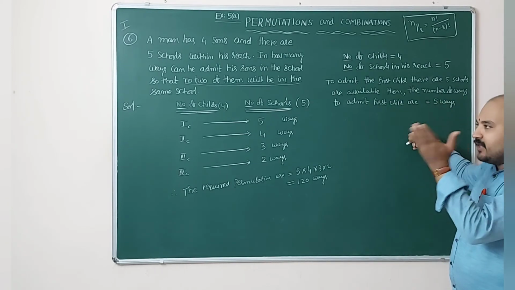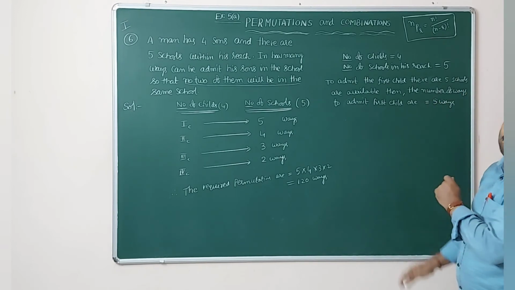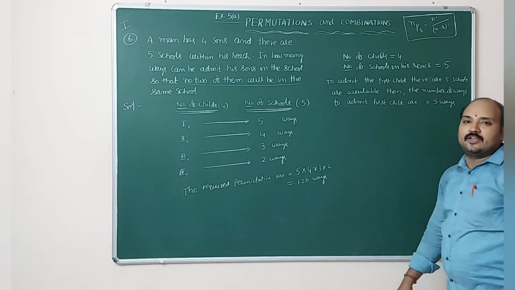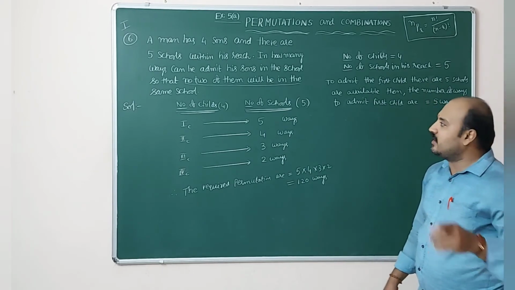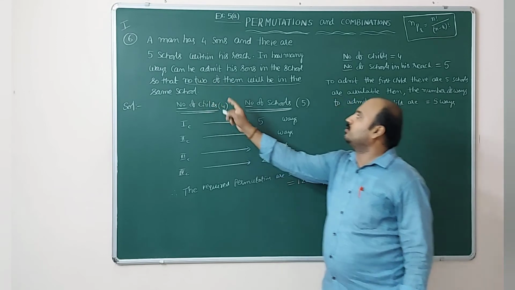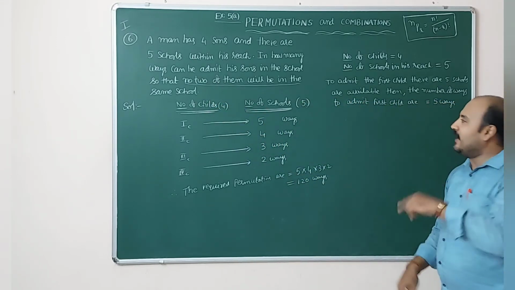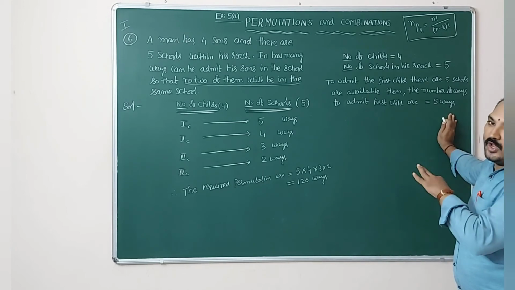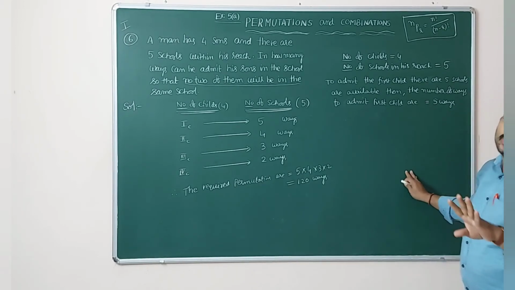After admitting the first child in any one of the 5 schools, he has 4 possibilities and one more condition, no 2 of them will be in the same school. So by that condition, out of 5, the rest of the 4 schools are there now. In his reach, 4 schools are available.